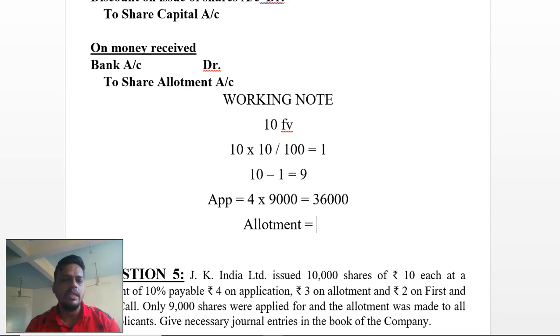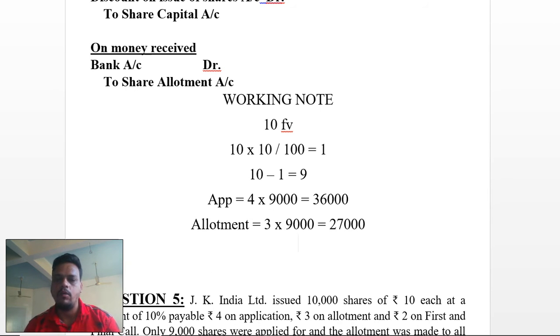Okay, but in question it is not mentioned where the discount has to be taken. So here you have to make entry of 3 multiplied by 9,000 shares is equal to 27,000, where you have to write 1 multiplied by 9,000 is equal to 9,000. This amount is ultimately a discount.